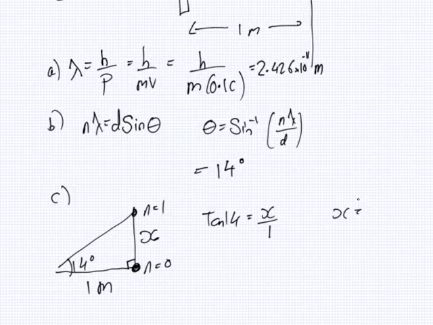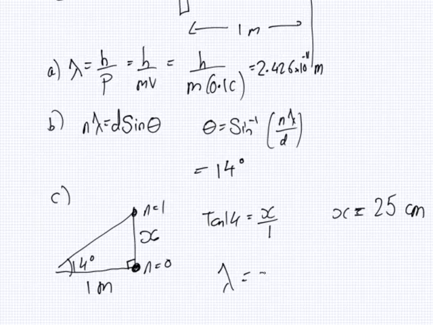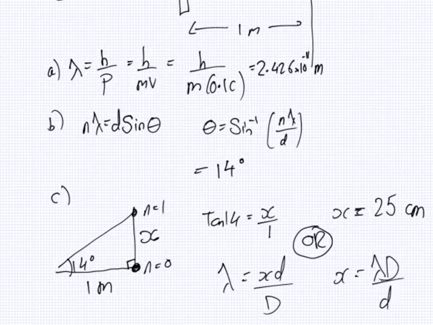So x is tan 14, 25 centimeters. But you're right, there's another formula, if you remember it, it's lambda equals xd over D. So you can use this formula as well, so x equals lambda D over d.